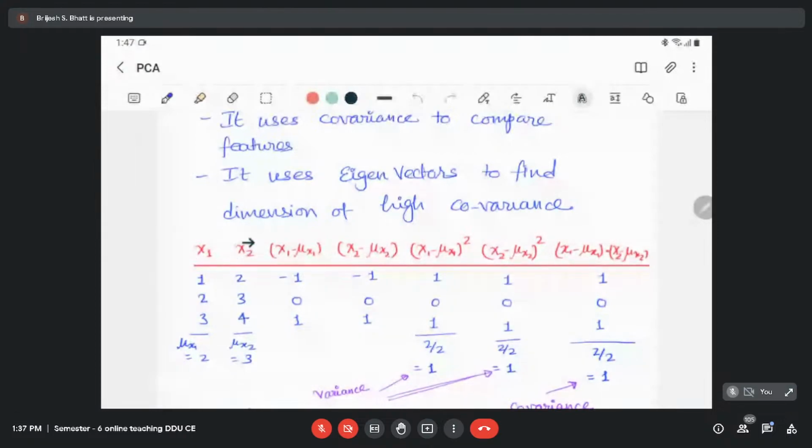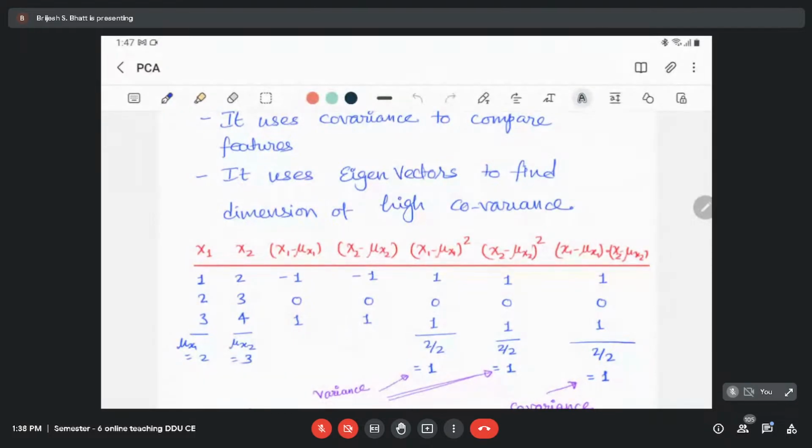So what we do is first we find out mean of x1 and mean of x2. Then we remove mean from the data set, so that mean becomes zero in a way. This is standard practice to make data set zero mean. So this is after mean removal, x1 minus mu x1 and x2 minus mu x2.